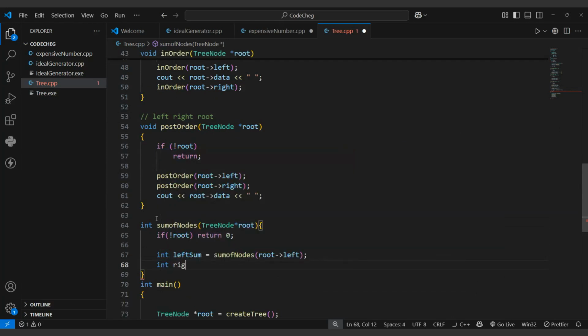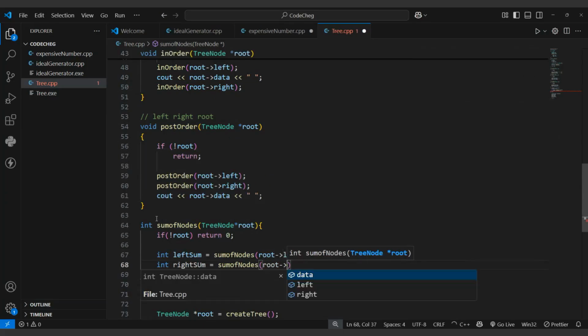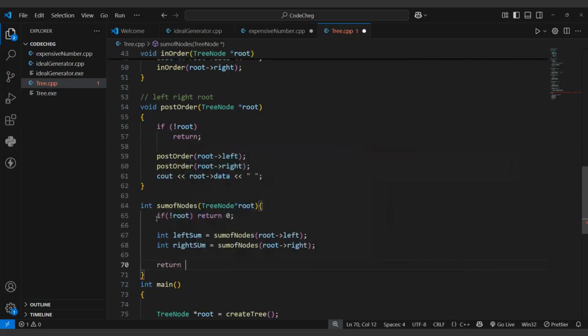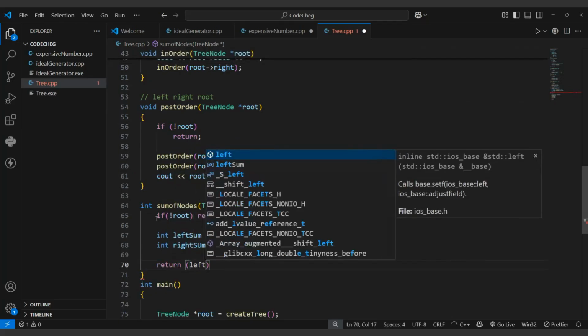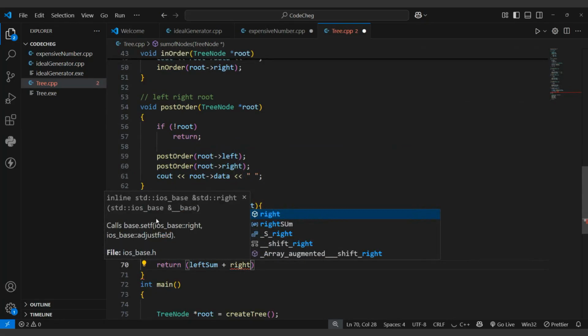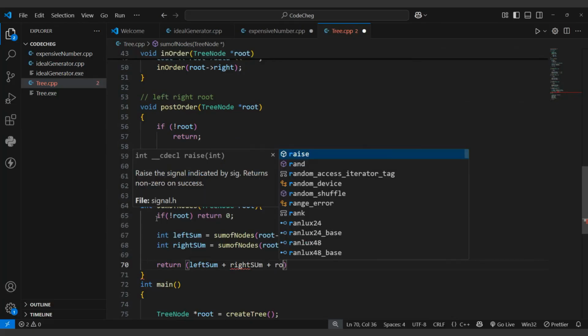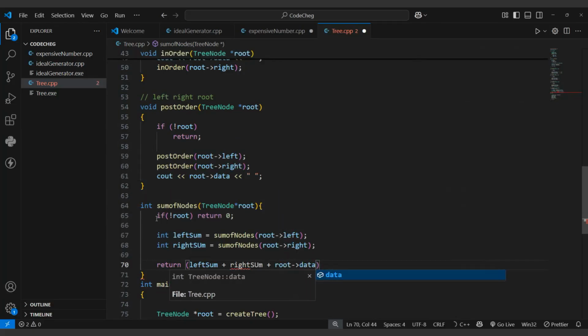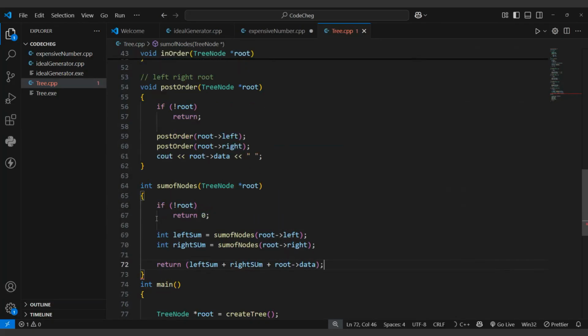Then find the right sum, and in the end return the cumulative sum: left sum plus right sum plus root's data.